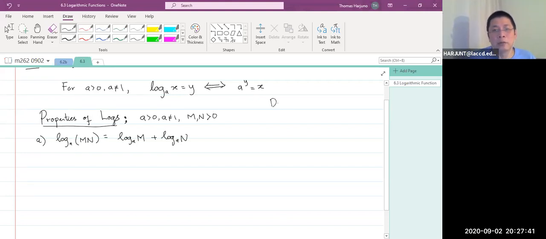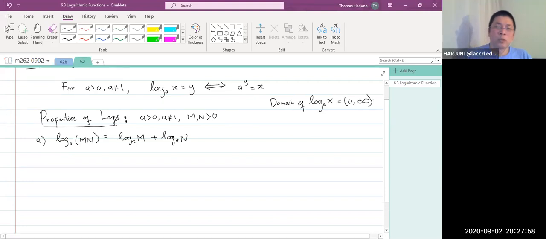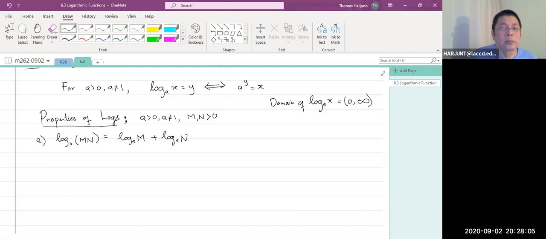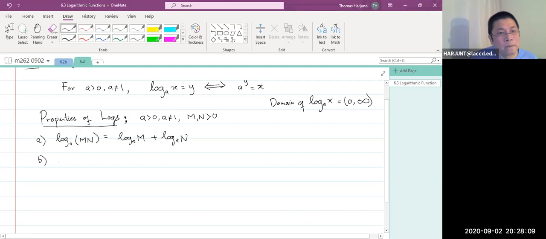Maybe I'll write it down. The domain of log base a of x is 0 to infinity. Okay, let's see. Can anybody tell me why? Nobody?